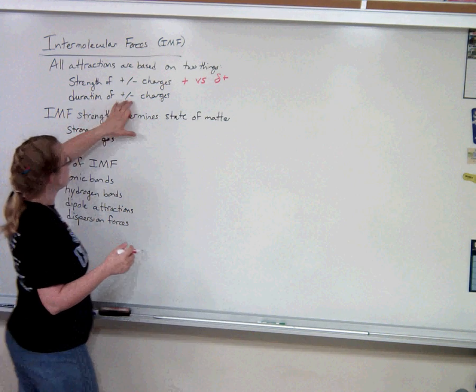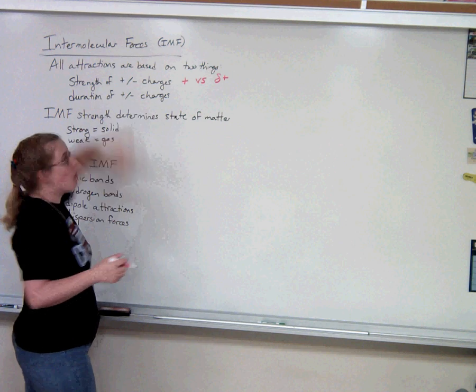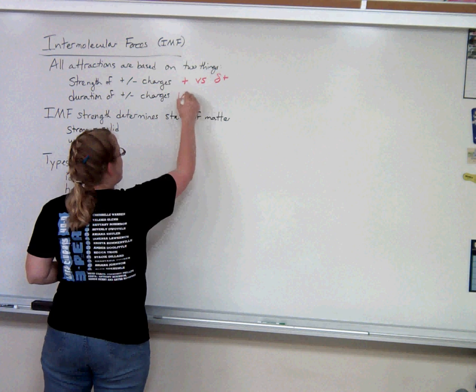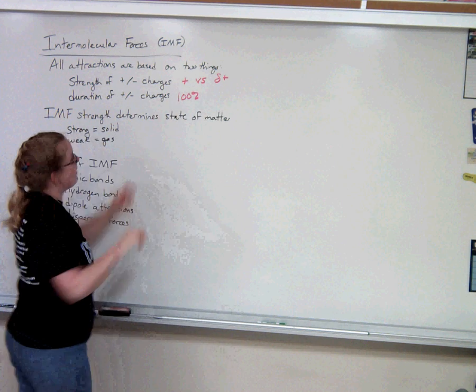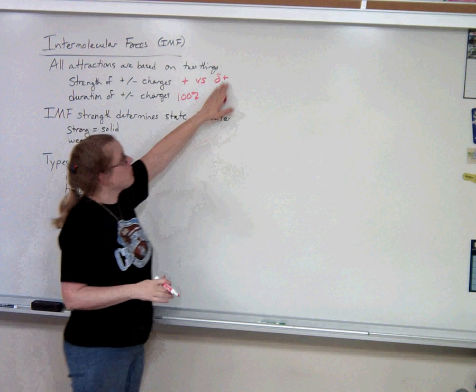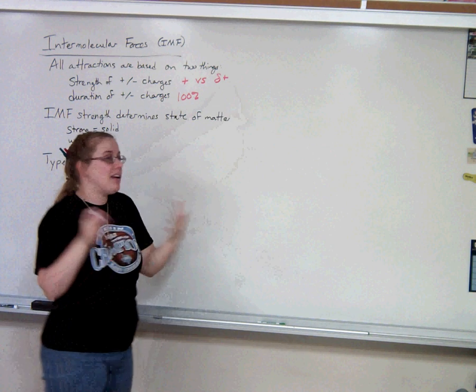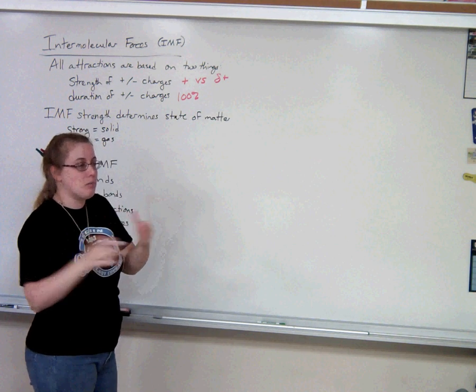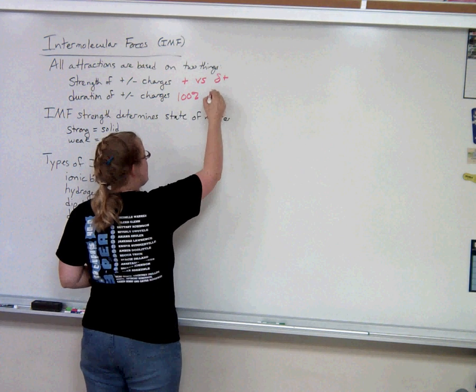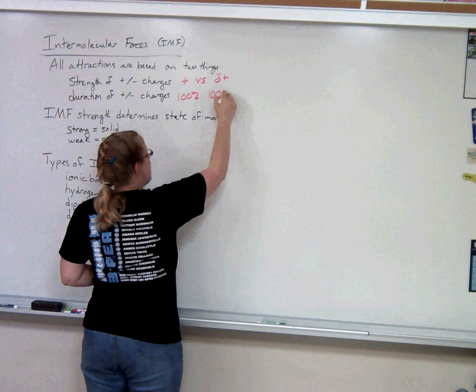Then also the duration of the charges, which ties back into the strength. If you have something like this, that means that cation is positive 100% of the time. If you have something like this, then that means it's sharing the electrons, and when the electron's far away from it, it is positive, but it's something less than 100, but greater.